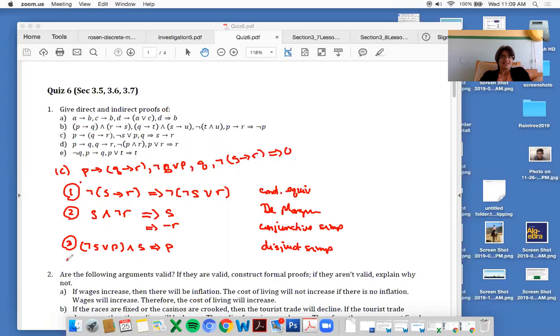Then I take that P and pair it up with the first one: if P, then Q, and P, this implies the second bit. This is detachment.